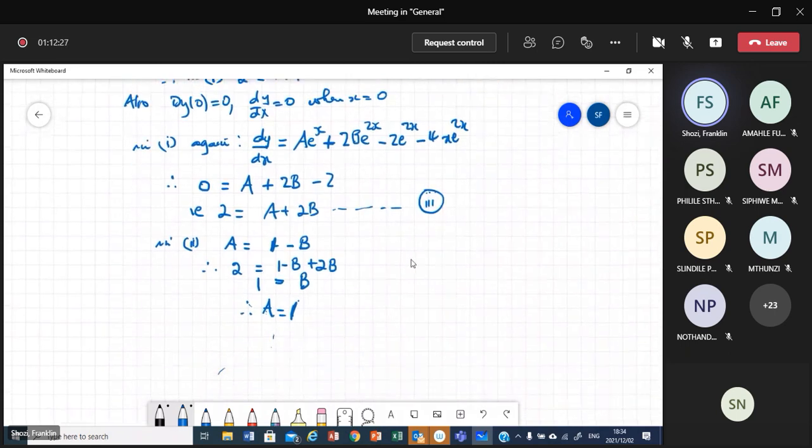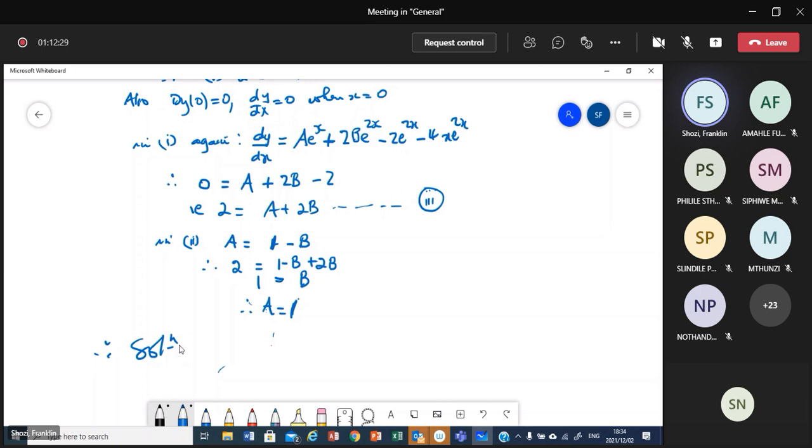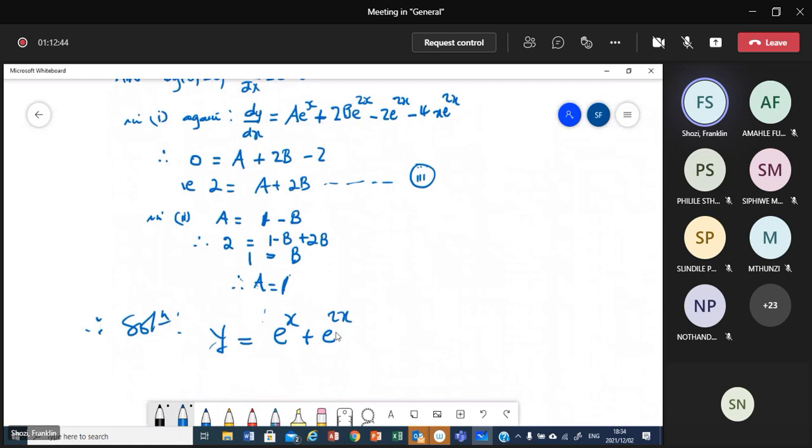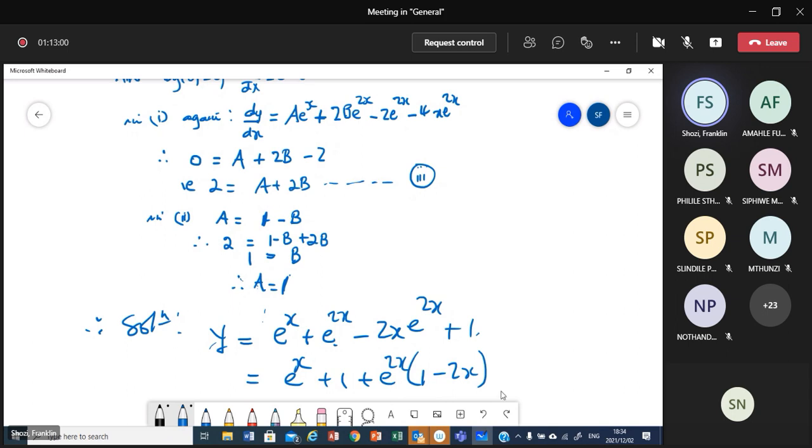Therefore, solution is y is equal to, a is known now, it's e to the power x, b again is known, it's e to the power 2x, minus 2x e to the power 2x, plus 1. If you write this, you can write it as e to the power x plus 1, then you group those two, plus e to the power 2x into 1 minus 2x. This is your solution.